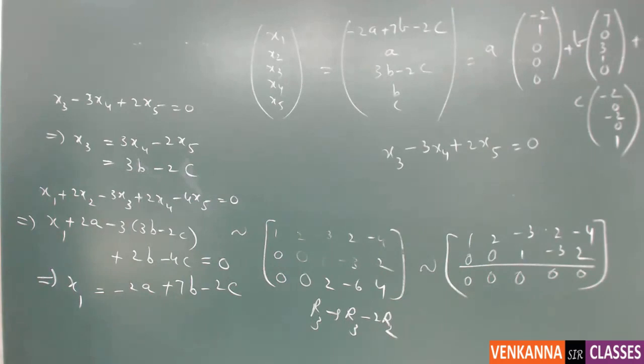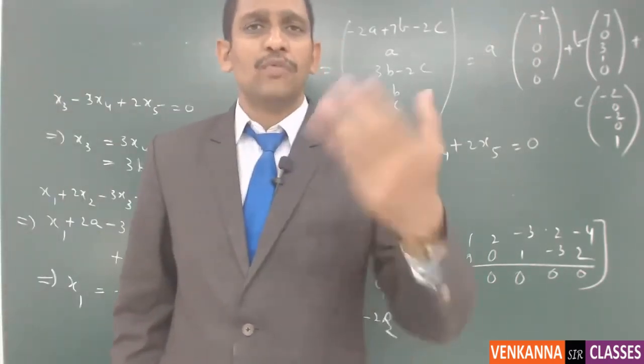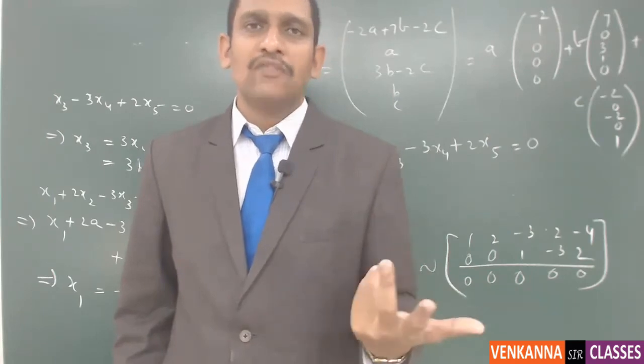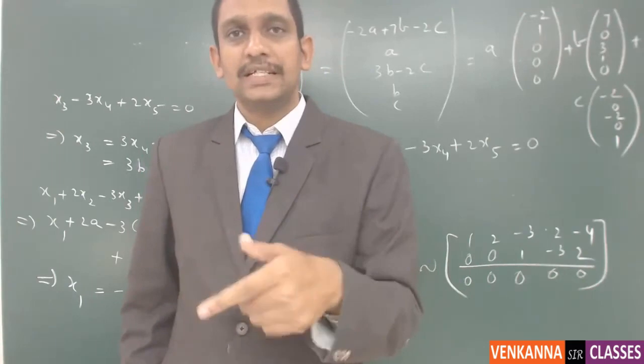Usually, we take the last variables as constants. Whenever you take a homogeneous system, say I have taken a homogeneous system with variables a, b, c. The rank of the matrix is 2. Then I usually take the last variable, c, as a constant.